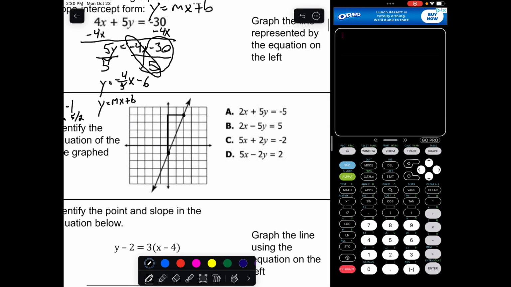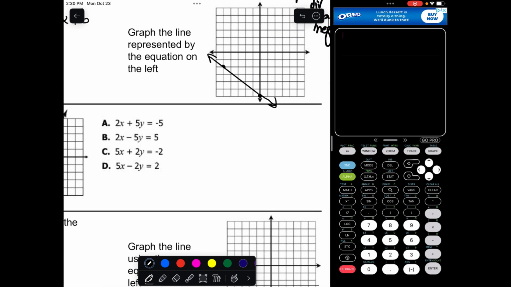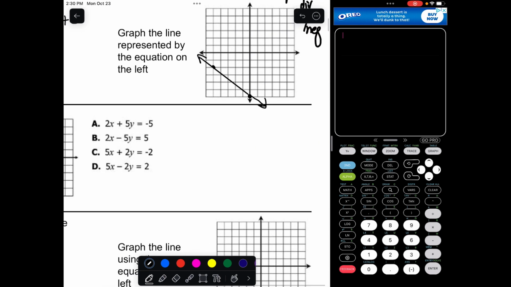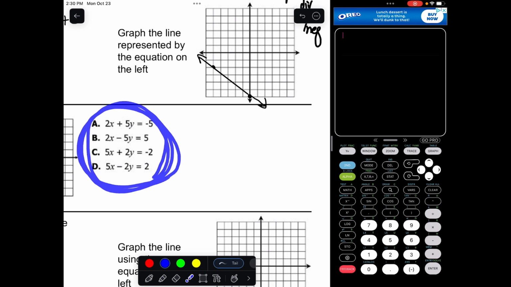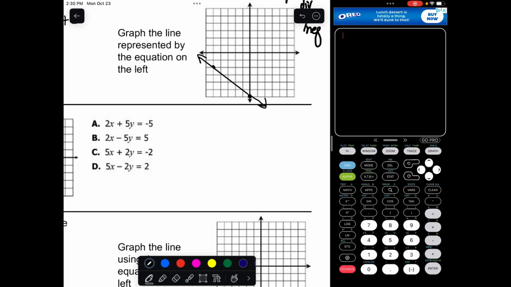So here we go. We are going to turn each one of these, which are in standard form, into slope-intercept form. So I'm going to rewrite this first one. 2x plus 5y equals -5.